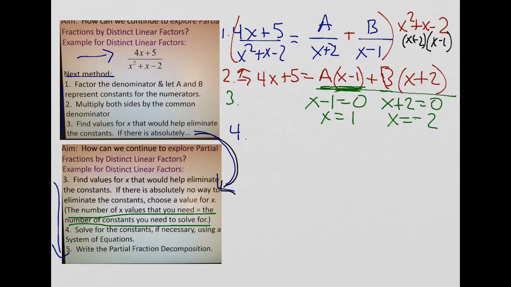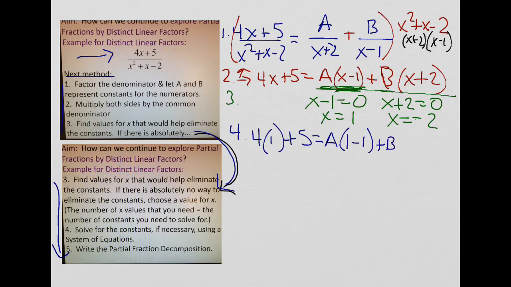So to solve for the constants, as it's mentioned in number 4, let me take that away so you can read number 4. We need to actually plug in these x values. So we're going to do x equals 1 first. In the expression I have in step 2, wherever I see an x, I'm putting a 1. And so this leaves me at 9 is equal to 3B, so obviously B is 3.